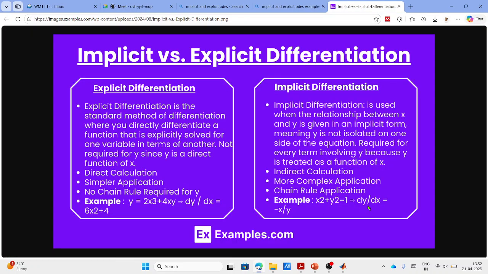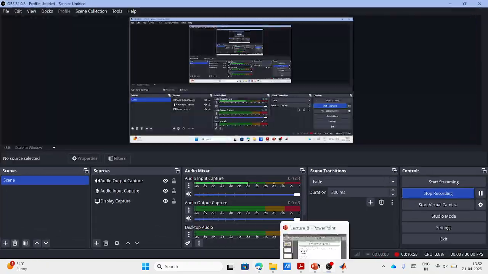So here the derivative dy by dx also contains the independent part as well as the dependent part. So when I'm solving this, I also have to take into account the dependent variable value. So this is implicit, and the explicit portion does not contain any dependent variable on the other side. So that is one example.